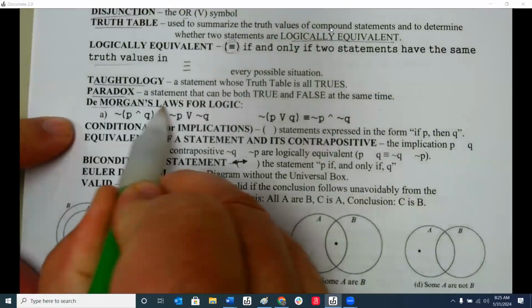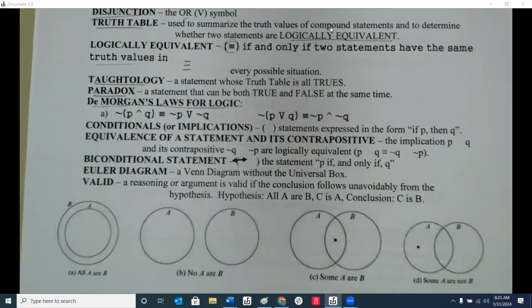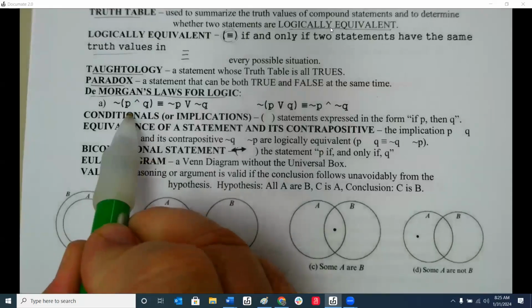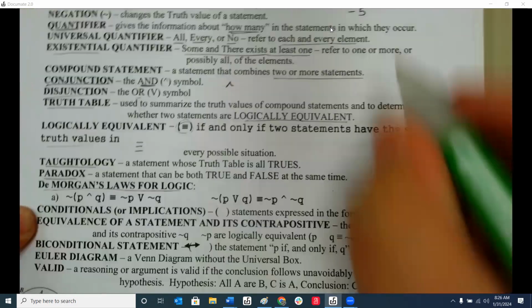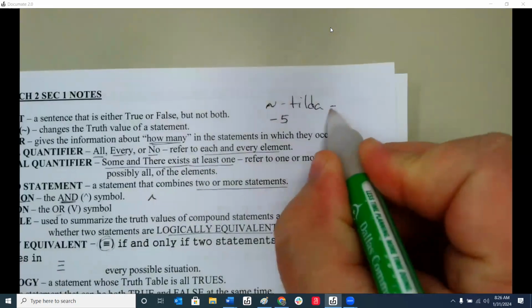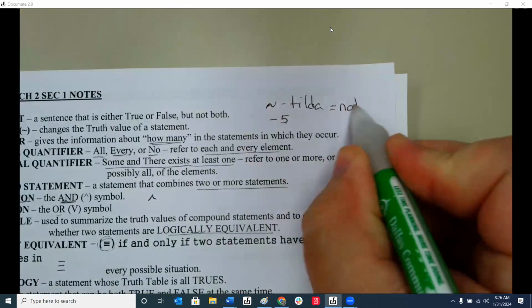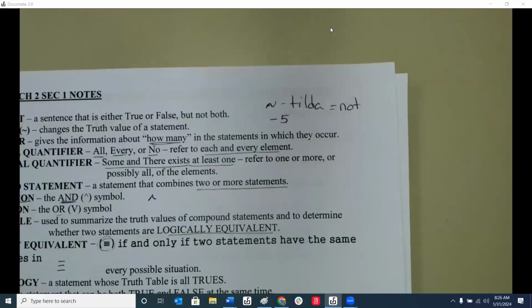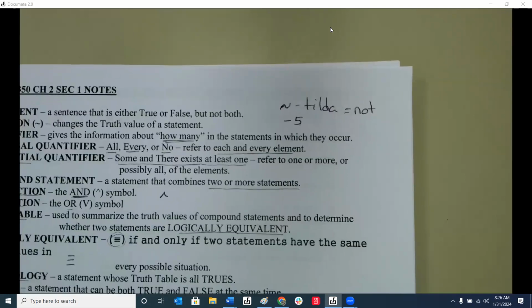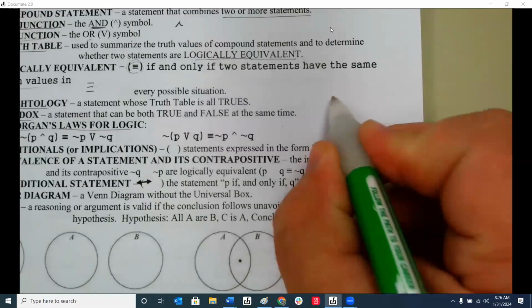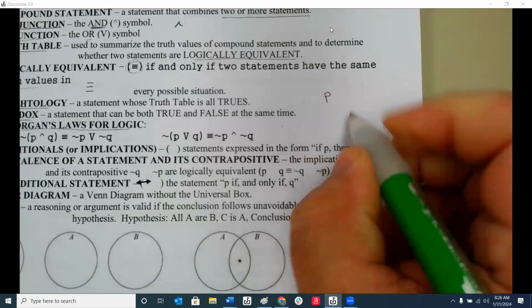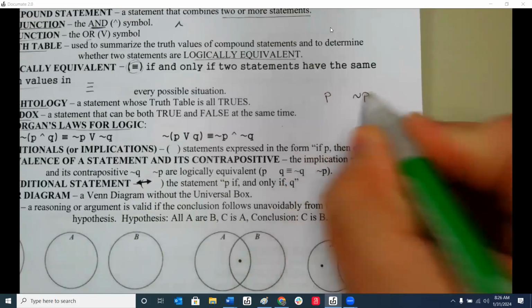De Morgan's laws of logic. You've seen this also. This tilde symbol, you read it as not. So De Morgan's, basically, if this is P, how would you read that?